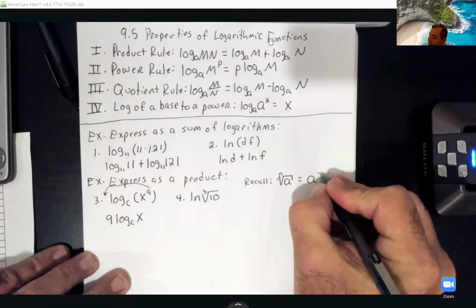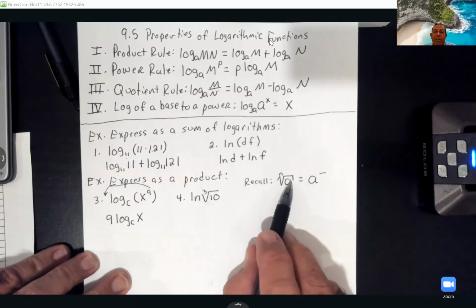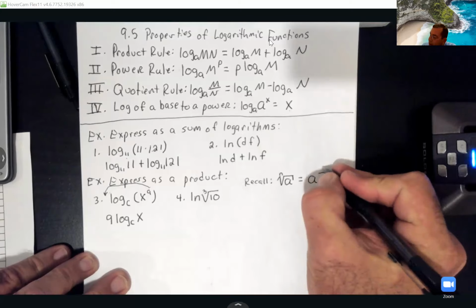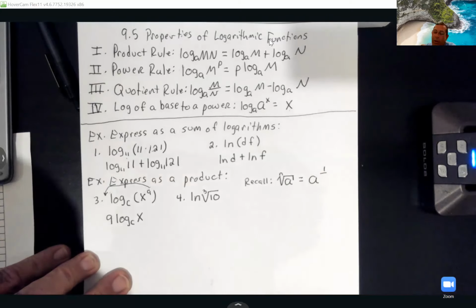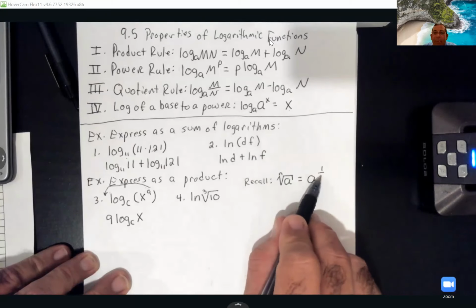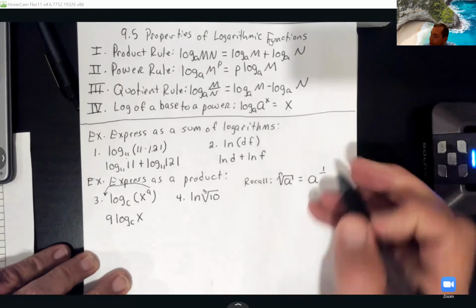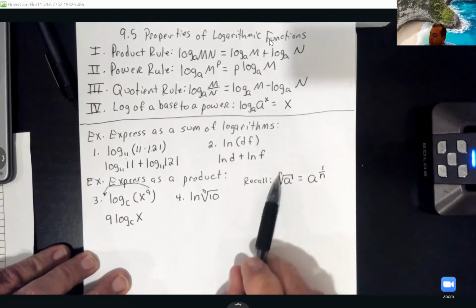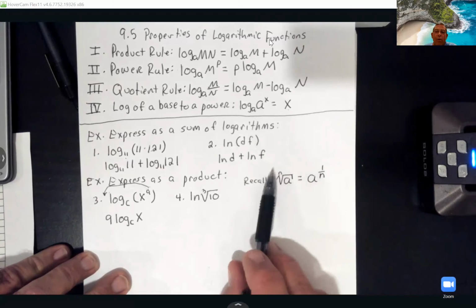And then we write the exponent as a fraction. The top number of the fraction is the exponent on the a. So since that's a 1, the top number at least has to be a 1. And then the bottom number of the fraction is equal to the index of the radical. So that would be n. So to rewrite a radical, you write it as 1 over the index.